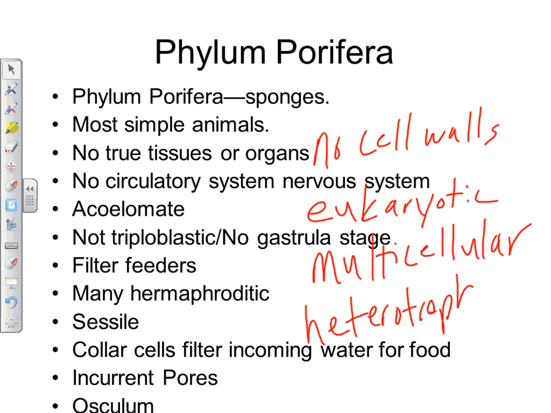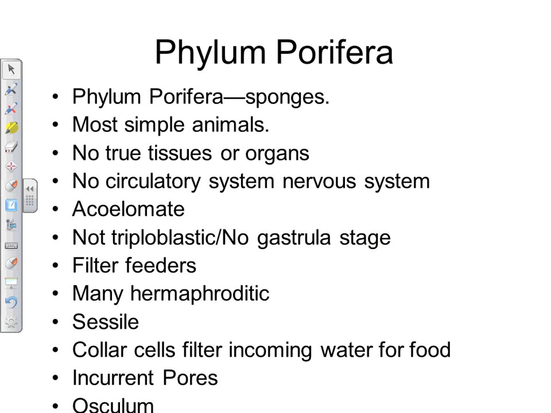So sponges have all these things. They're multicellular, no cell walls, eukaryotic, heterotrophs. They are considered to be the most simple animal group. And what makes them simple is they don't even have tissues or organs, which means they're simply a collection of what?